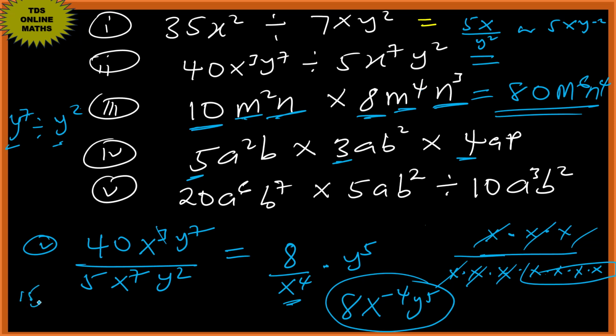Then 15 times 4, that is 60. So a squared b, we don't have, so a squared times a times a, so we have a to the power 3, a to the power 4, b to the power 3, then we have p, so I'll add p to this. Okay, that's the answer.